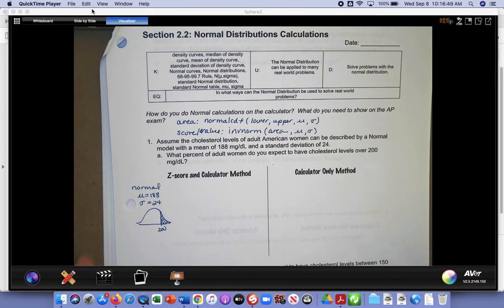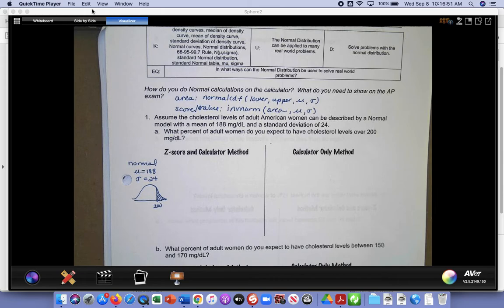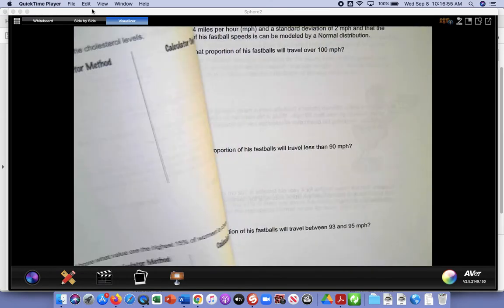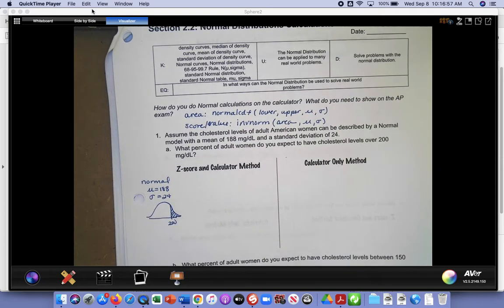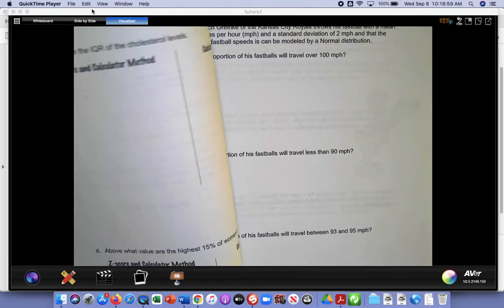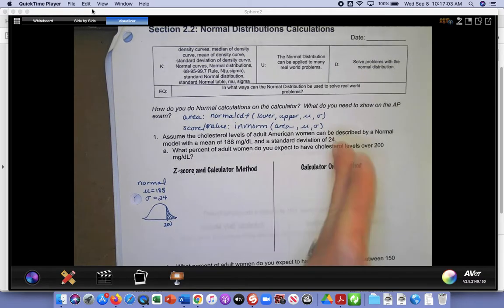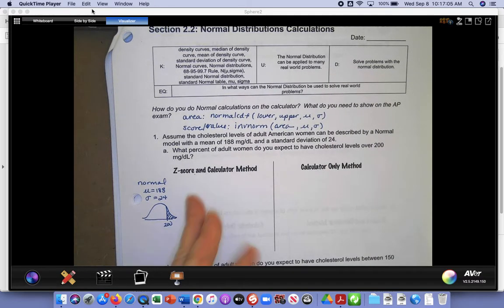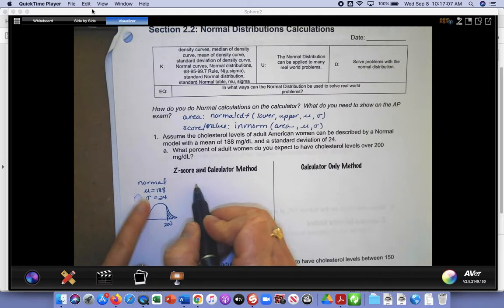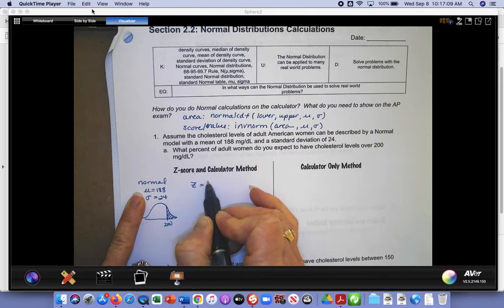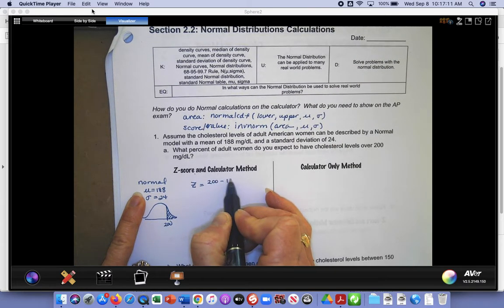So I think I'm going to show you, because I have the same problems, so A, B, and C are the same thing as this B, C, and D in the warm-up. So I'm going to show you just this first column first, and then I'll come back and show you the calculator only. So you would still find the z-score just like we did on the warm-up. So right now everything kind of is still looking the same.